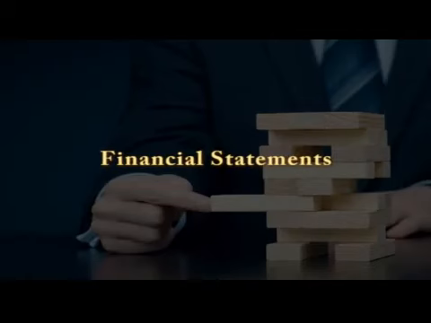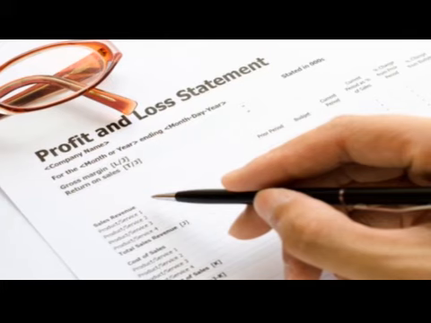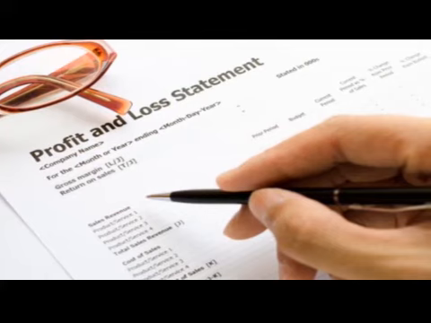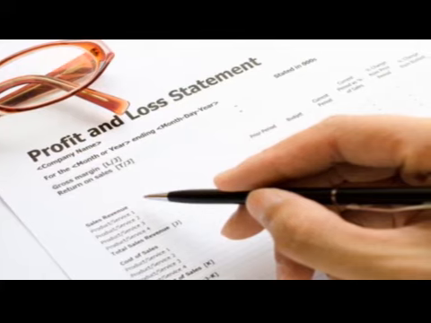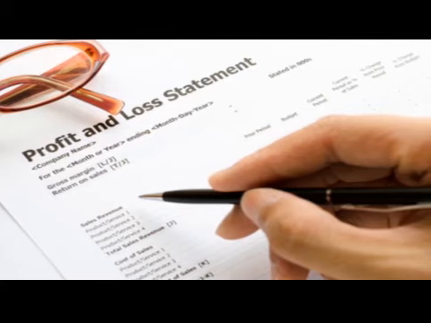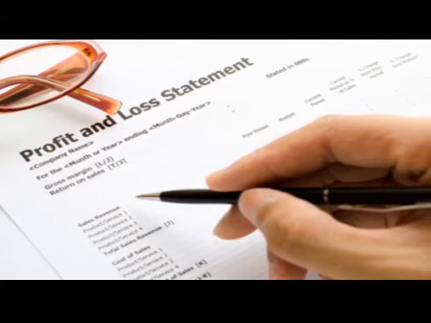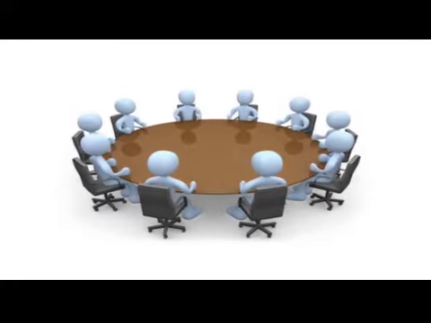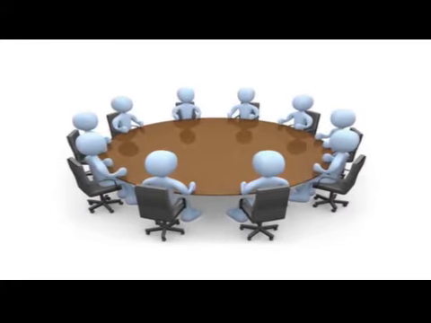Financial statements. All the business organizations prepare a profit and loss account. It gives a summary of the income and expenses for a specified period. They also prepare a balance sheet which shows the financial position of the organization at the end of the specified period. Financial statements are used to control the organization.